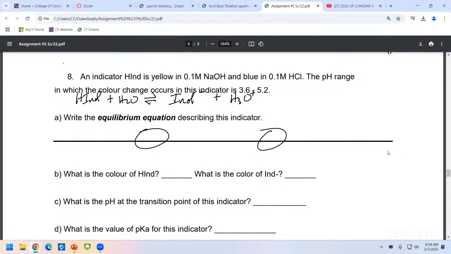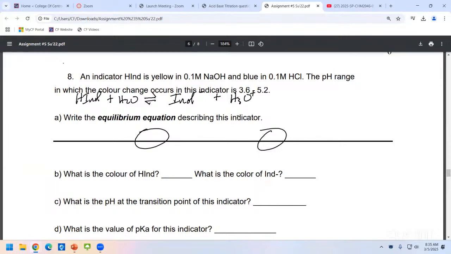What will the sodium hydroxide react with in this system? Or more specifically, what will the hydroxide ion react with? The hydronium ion, right? So the concentration of the hydronium ion will decrease.